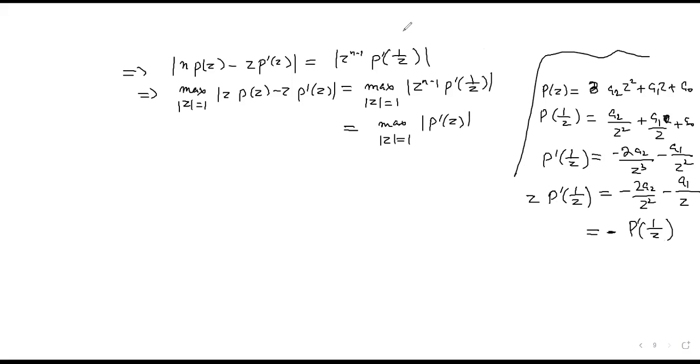Let me try it. So मैंने इसको डिफरेंशिएट किया, this is what you get. तो मैंने क्या लिखा, z raised to power n minus 1 into p dash z.